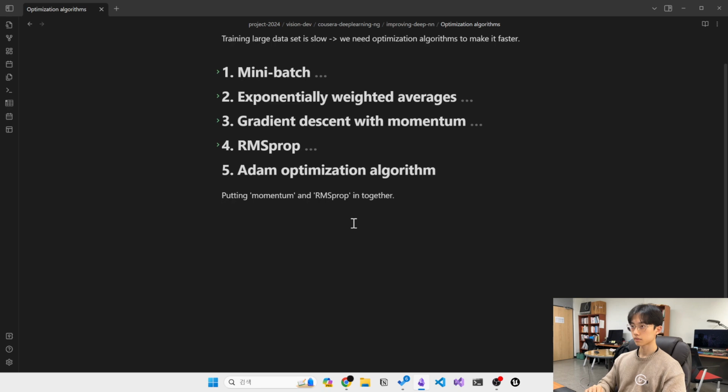And then you do the momentum exponentially weighted average. So VdW equals beta, but now I'm going to call this beta 1 to distinguish it from the hyperparameter beta 2 we'll use for the RMSprop portion of this.